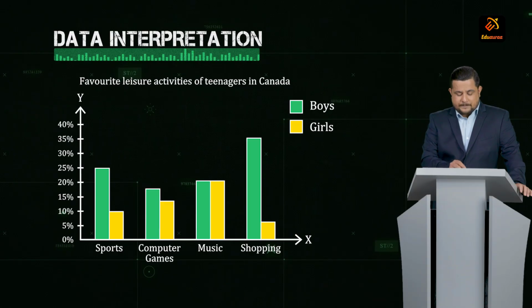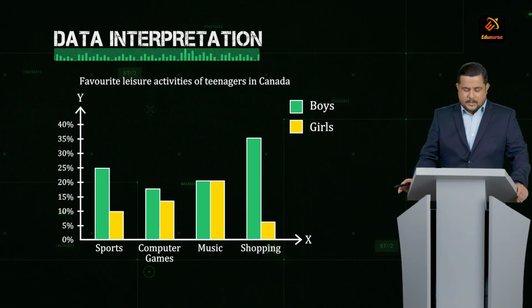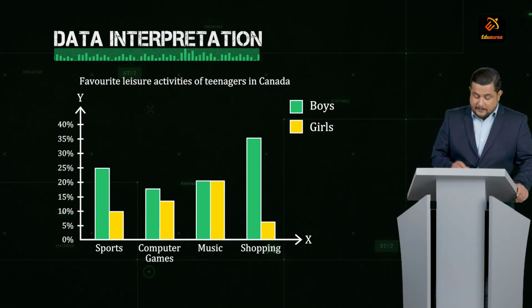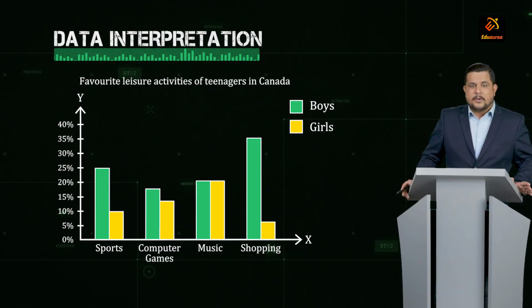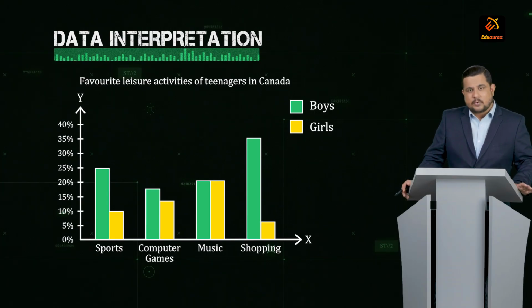The boys' favorite activity we can take from this sports bar, or not? Yes, we can take it from this category. The green bar is showing the boys. So we can take out that it is around 28%. So we can say that around 28% of boys like sports, their favorite activity is sport.